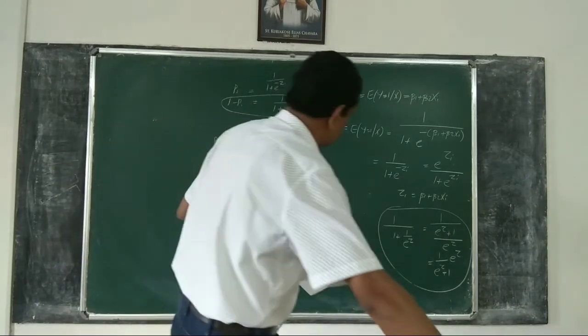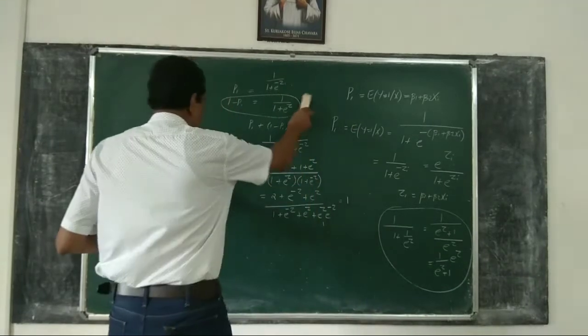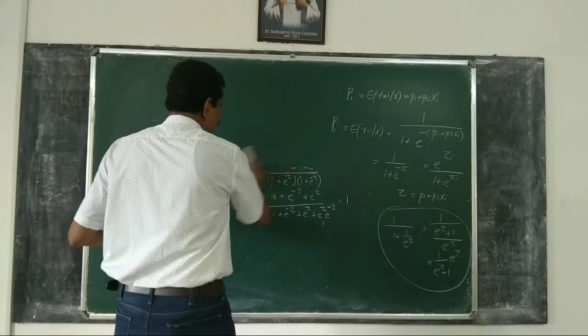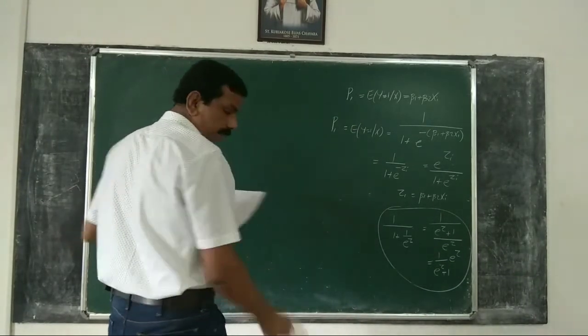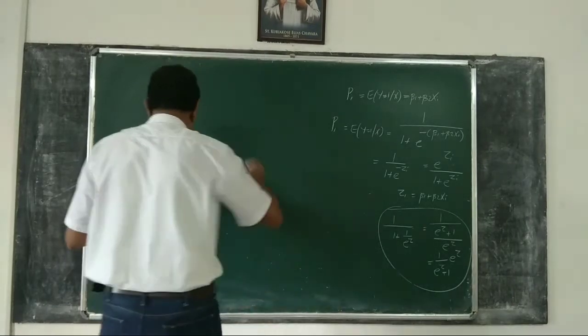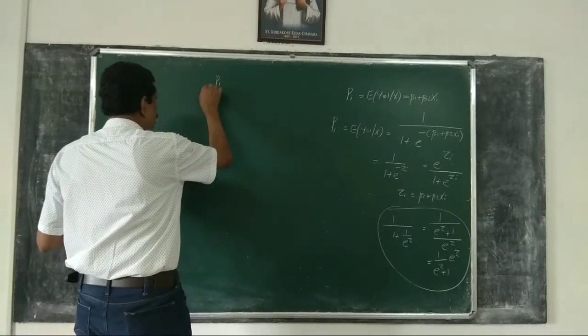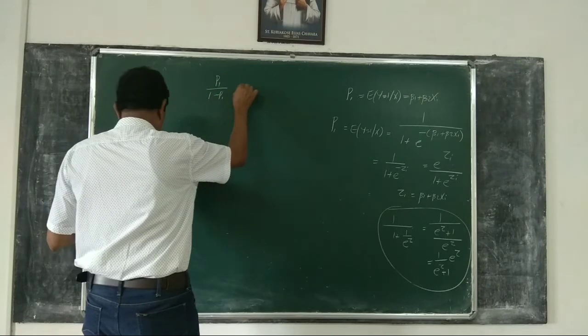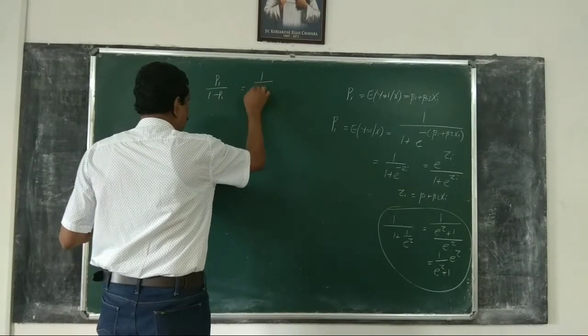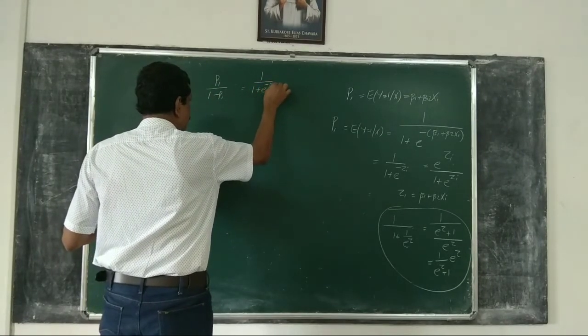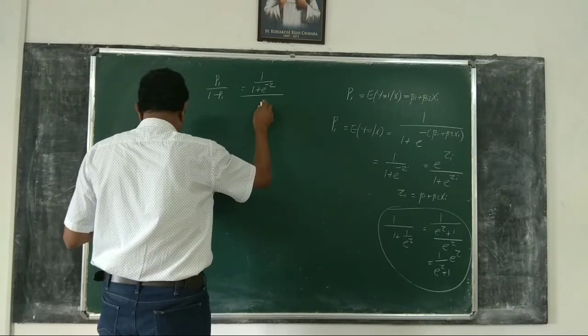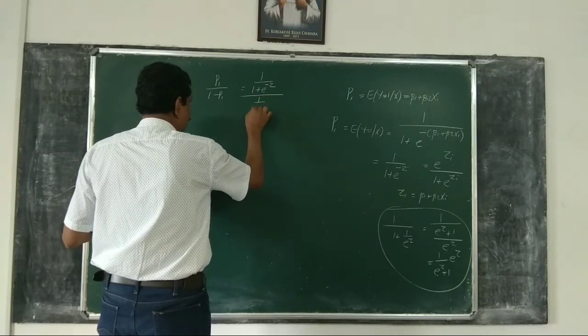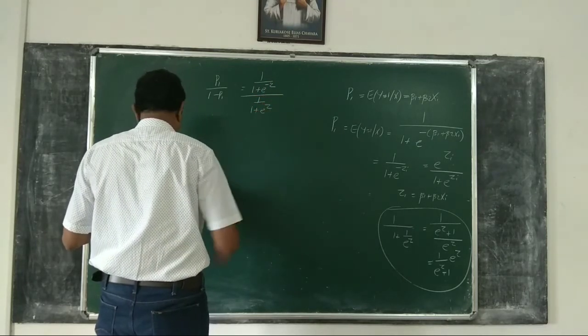Now given this, we write Pi by 1 minus Pi as 1 by 1 plus e raised to minus z, all divided by 1 by 1 plus e raised to z.